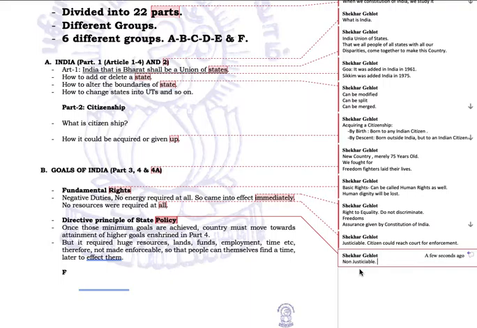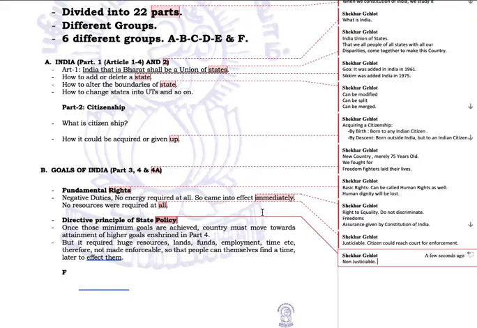Why is it so? Why are fundamental rights kept justiciable and directive principles of state policy kept non-justiciable? The only reason is that fundamental rights are of utmost importance, plus they require no resources at all.